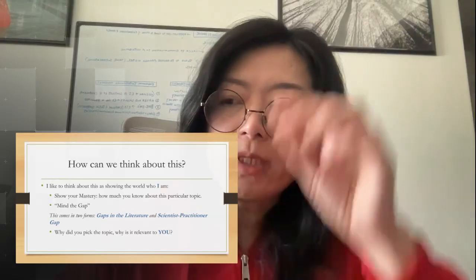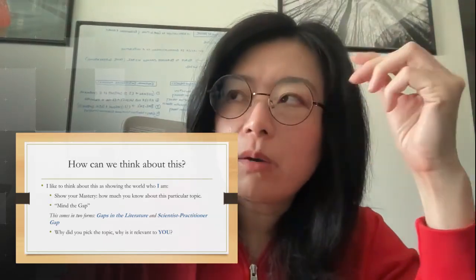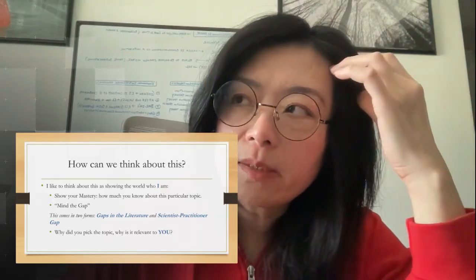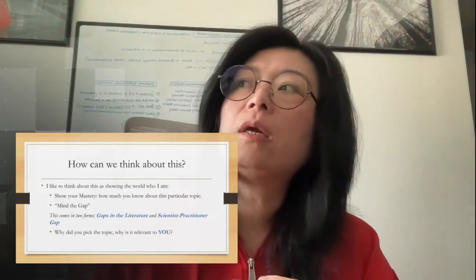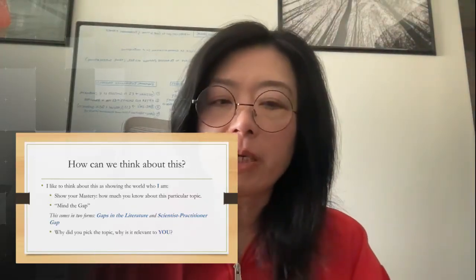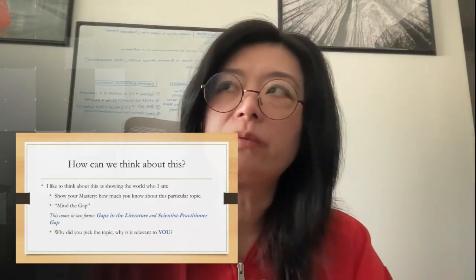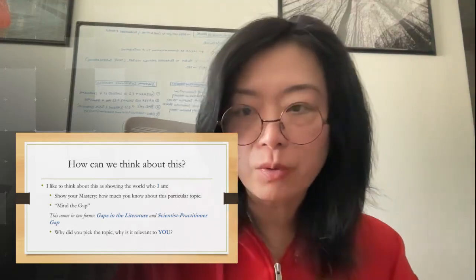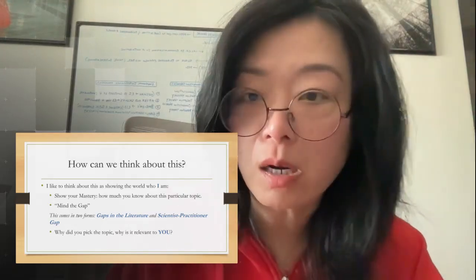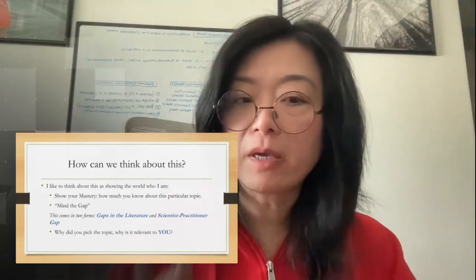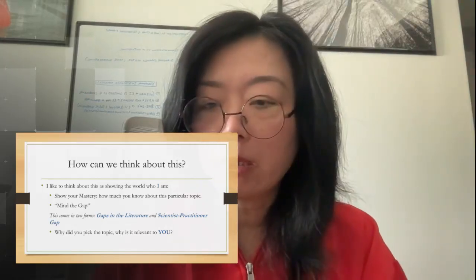Now, when I say I need you to think about lit reviews in a different mindset, I need you to think about who you are academically, because a literature review tells the story of who you are in the academic field, right?